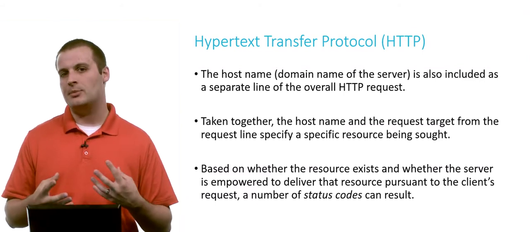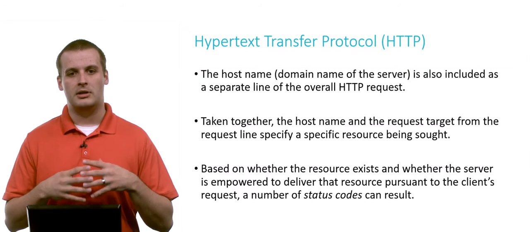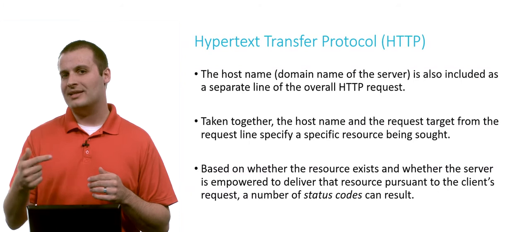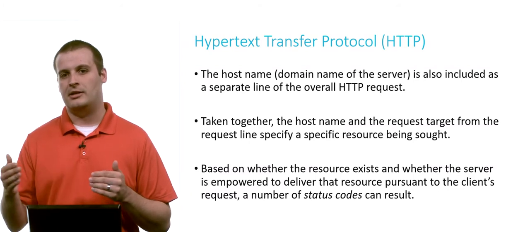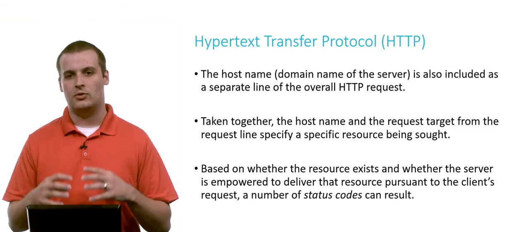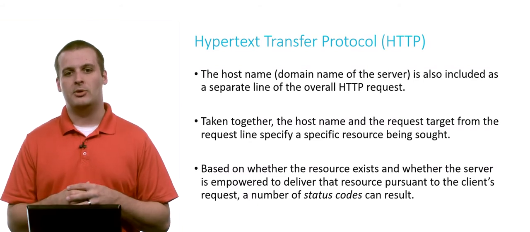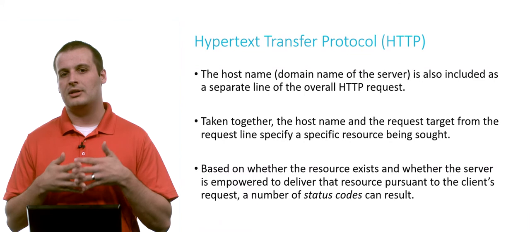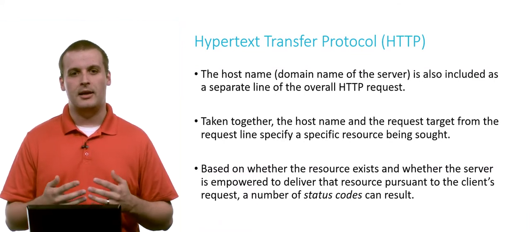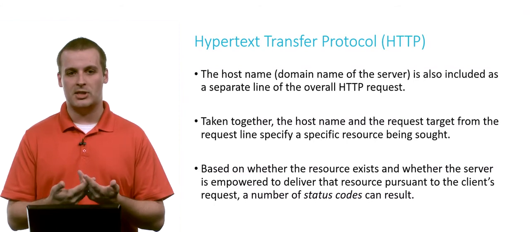In our 404 example a second ago, I was asking again for www.cats.com, cats.com being the host. And in my request line, I said /cats.html. That was my request target. So overall, I was asking for the contents or the resource located at www.cats.com/cats.html.